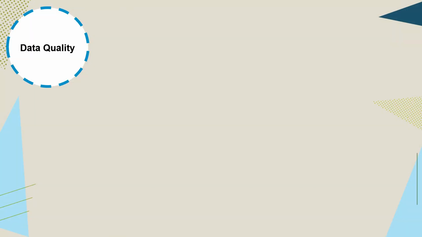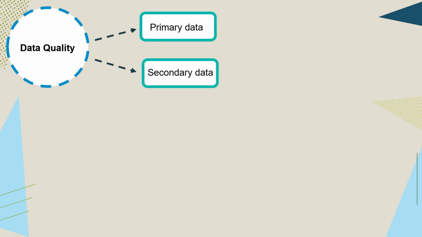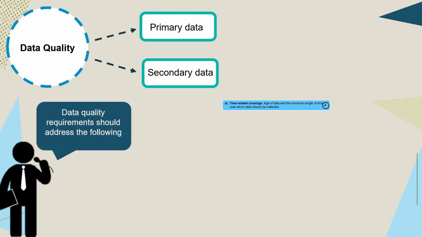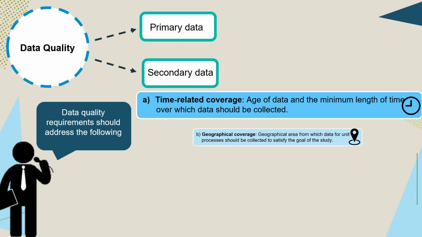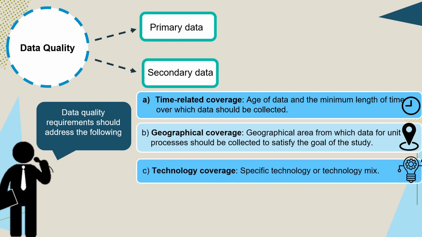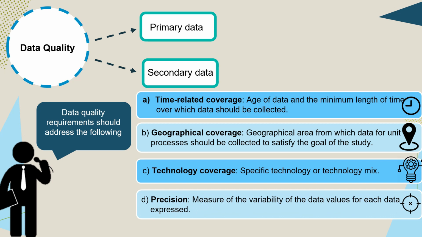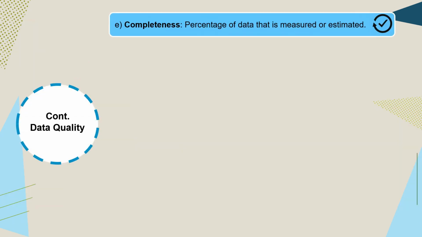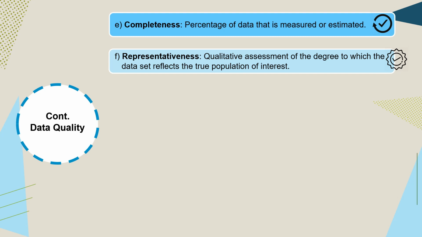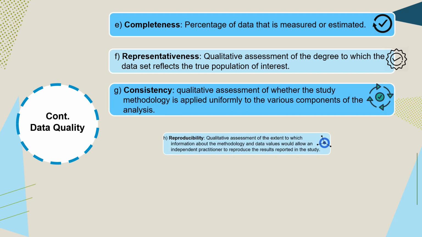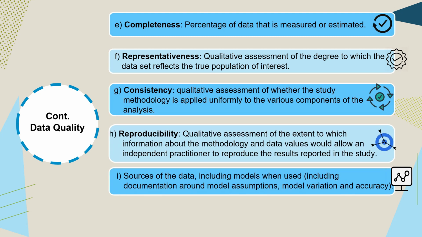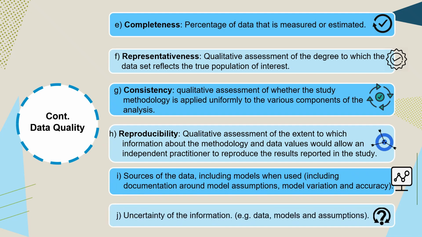For data collection, there are primary data and secondary data. The things to consider for data quality are time-related coverage, geographical coverage, technology coverage, precision, completeness, representativeness, consistency, reproducibility, and source of the data, including models when used, and also uncertainty of the information.